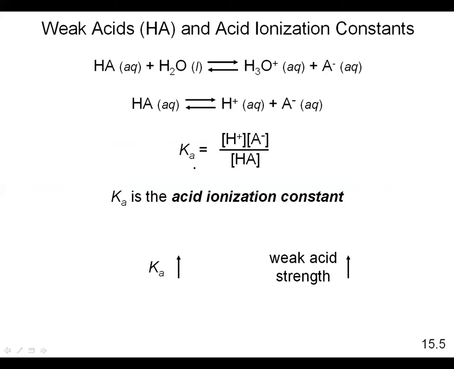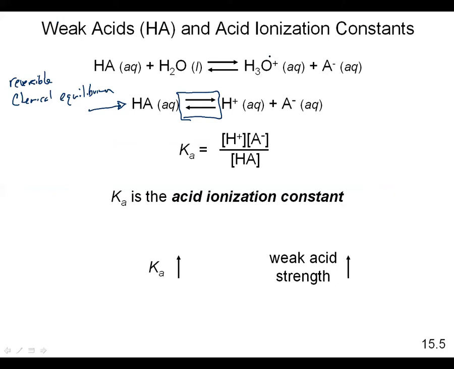When we deal with weak acids, it is a slightly different calculation. Because it's a weak acid, we will get basically this reaction here, and we will get that reversible reaction. And if you remember, that reversible reaction means that it will eventually reach chemical equilibrium. And that means that the rate of that forward reaction will equal the rate of the reverse reaction.